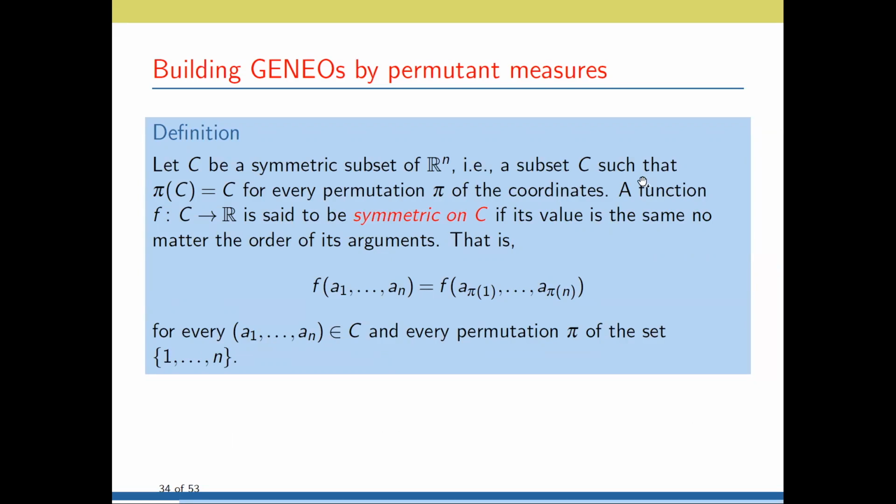Oh, sorry, I'm reading just now a question. What is the difficulty in constructing GENEOs using permutant measures on a compact group G? This is quite an interesting question. As you can see here, the theory has been developed at this time just for the finite case. So we are trying to extend the theory to compact groups, but I have no results to show for this case.